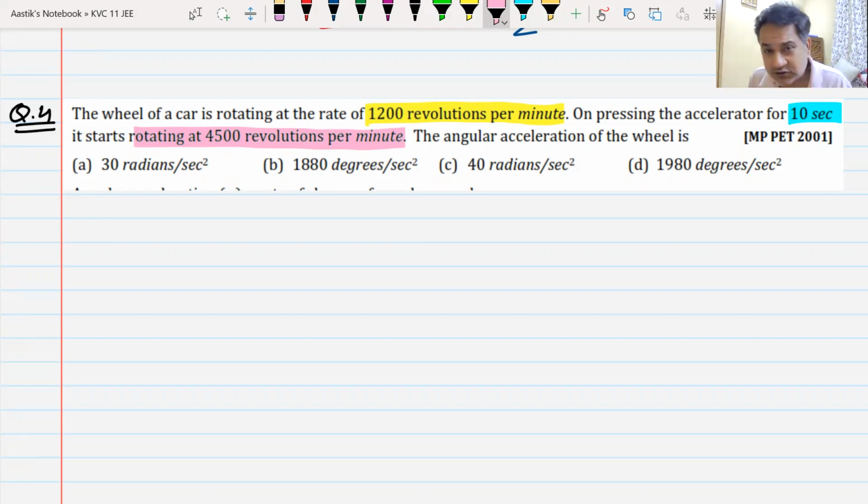Now, when it is given in terms of revolutions per minute, you will have to convert it into radians per second. How do you convert revolutions per minute into radians per second?